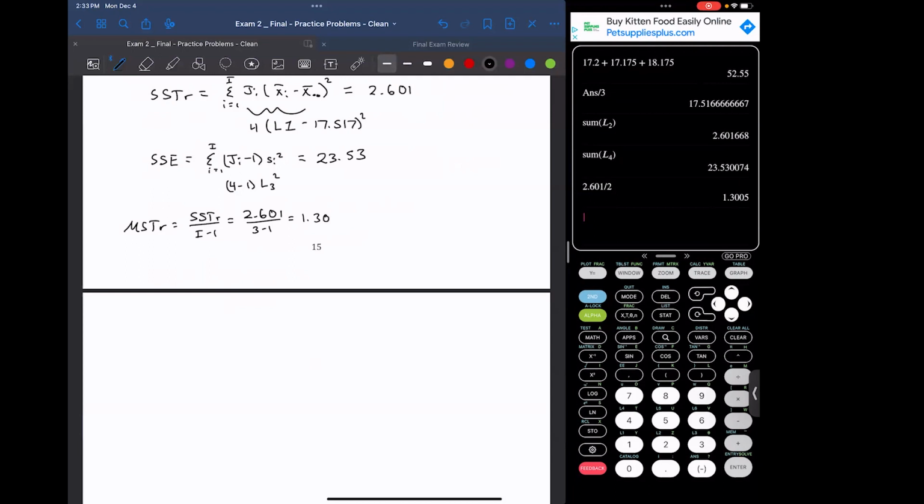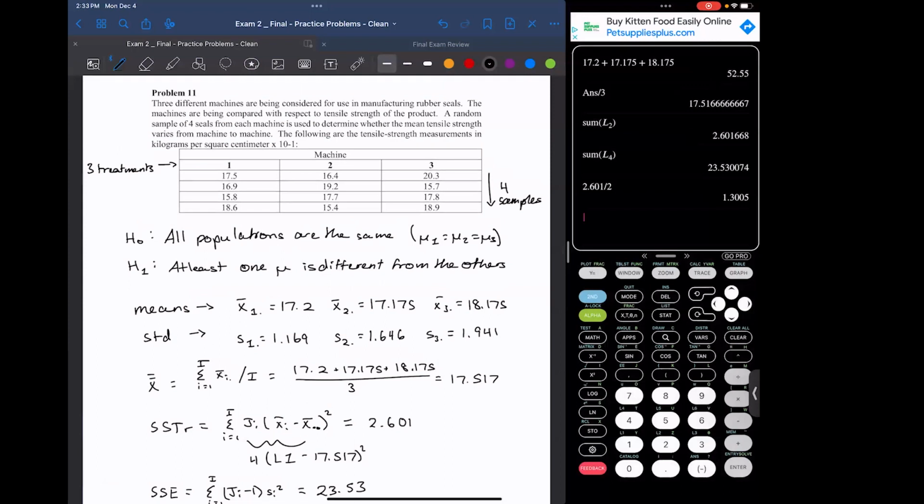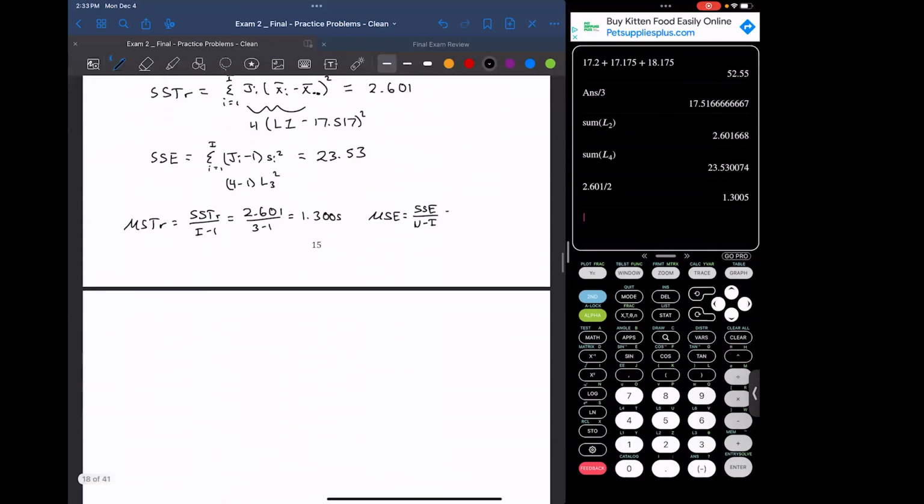Get 1.3005. MSE is SSE divided by N minus I. So N, we have 4 samples per treatment, 3 treatments. So that is 12 samples total. This will be 23.53 divided by 12 minus I, which is 3. So we'll divide by 9.